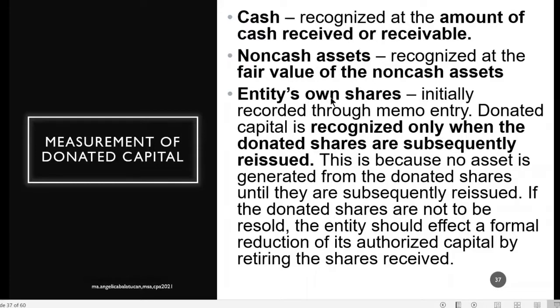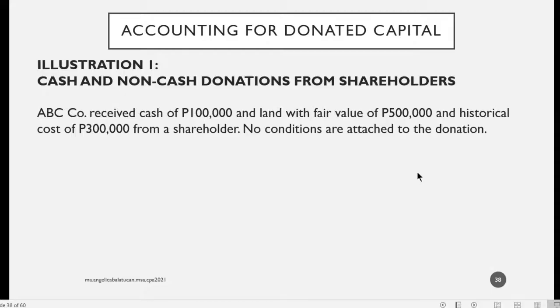If it is the entity's own shares, it will be recorded only through memo entry. The donated capital is recognized only when the donated shares are reissued, because no asset is generated from the donated shares until they are reissued. So only when the shares are sold will we make an entry.